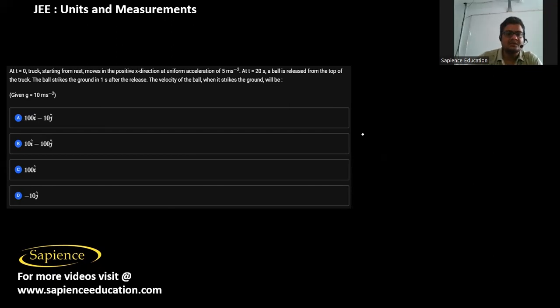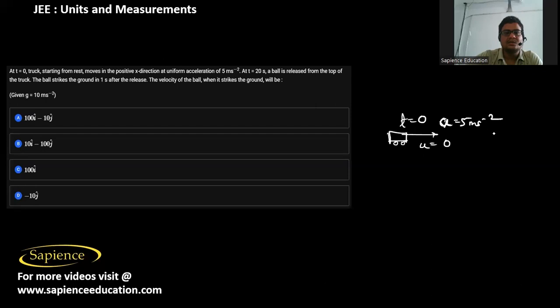At t equal to 0, starting from rest, it moves in the positive x direction with a uniform acceleration of 5 meter per second square. It starts from rest, which is u equal to 0.